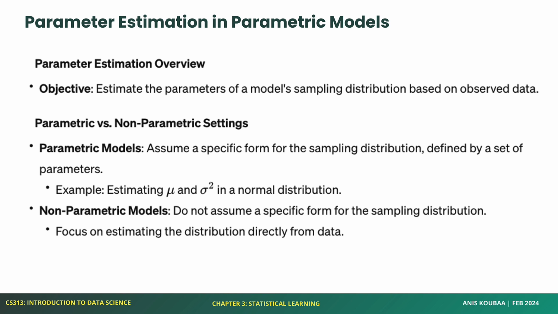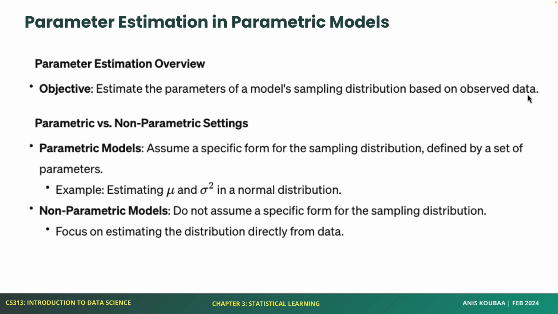But in reality, this is not always the case. And this is why in parameter estimation, we have two types of estimation models. We have the parametric and non-parametric. So parameter estimation means we would like to estimate the parameters of a model sampling distribution based on the observed data. And you have two cases.